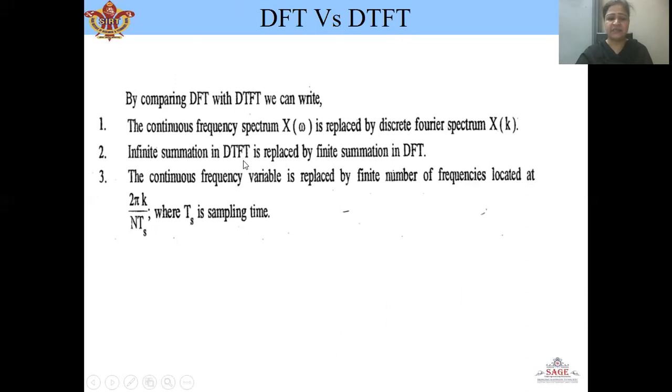Moreover, the infinite summation in DTFT is replaced by finite summation in DFT. And the continuous frequency variable is replaced by a finite number of frequencies located at 2 pi k upon N Ts, where Ts is the sampling time, because DFT is obtained whenever we sample the DTFT.